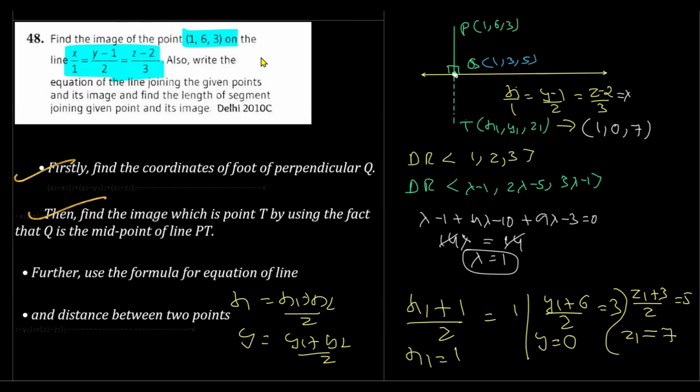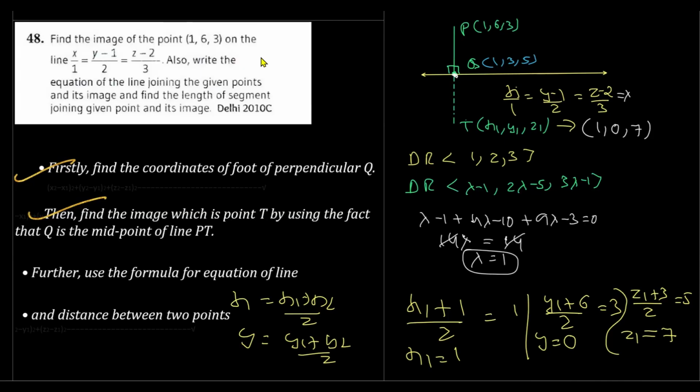Okay, now check here, what are the things we had to find out? Number one, we have to write down the equation of the line joining the image and the foot of the perpendicular. So we got the image. That means the last part is to obtain the equation of this line, right?